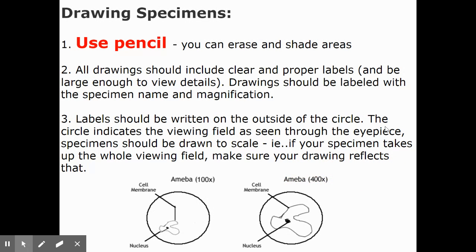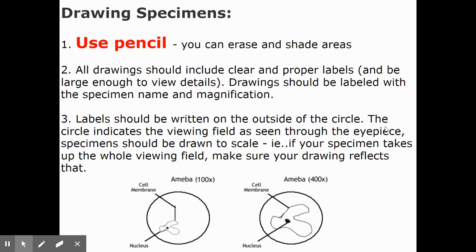When you're drawing specimens, sometimes we have to sketch things that we see. You always want to use pencil because you can change and manipulate. Make sure you're labeling all your drawings, with not only what the parts are, but what magnification you're looking at it in. So people know when they look at it, this is at 100 power, this is at 400 power.